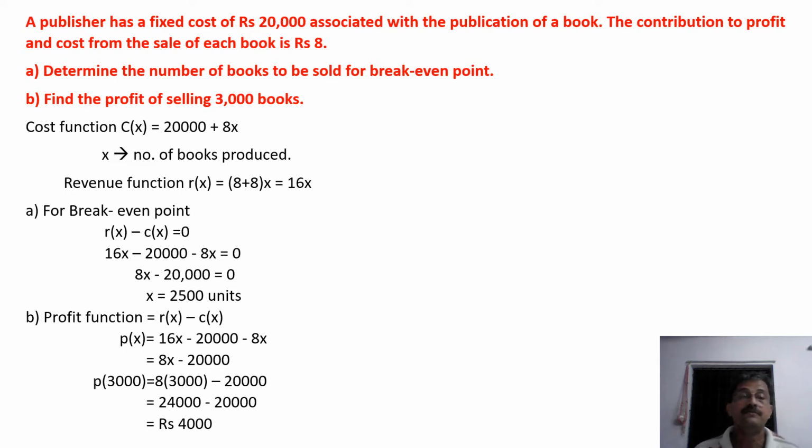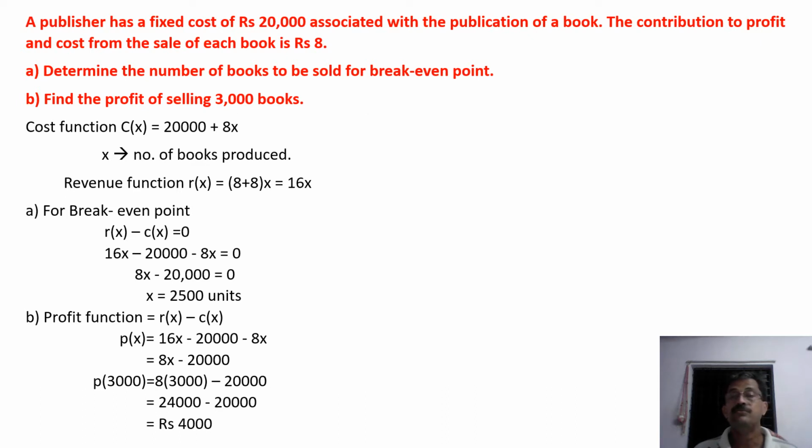Cost function: fixed cost given 20,000 plus rate of one book is 8. So if x is the number of copies of books, then 8x is variable cost. So total cost is equal to fixed cost plus variable cost.